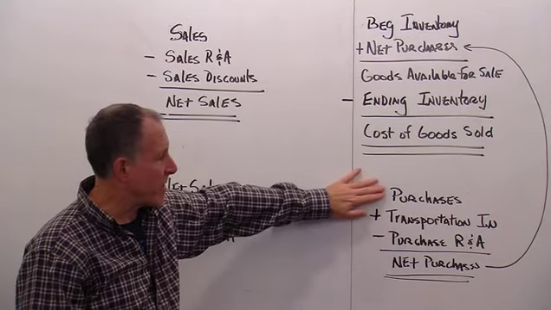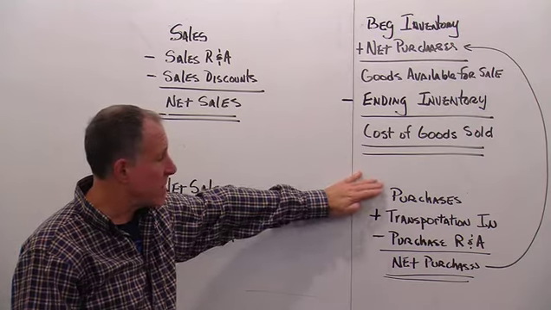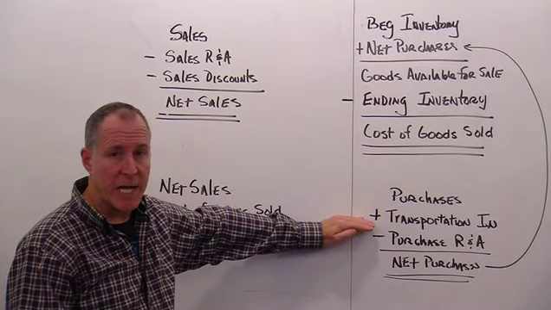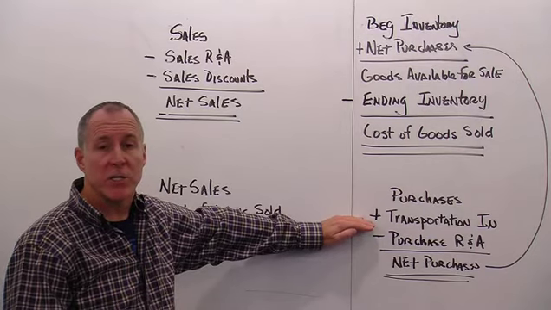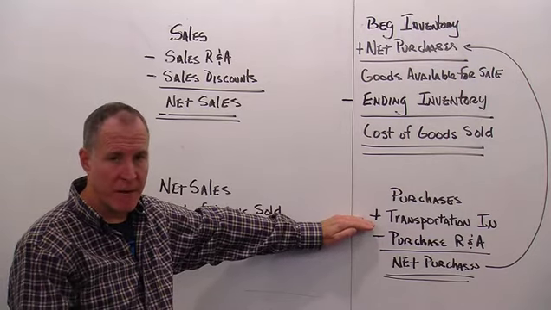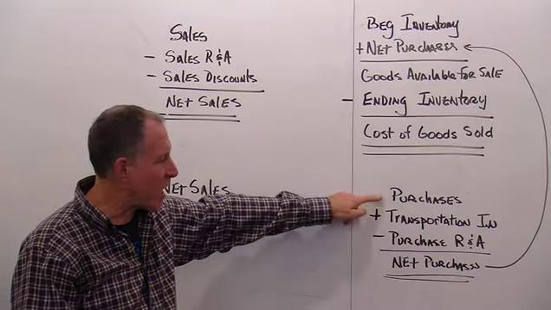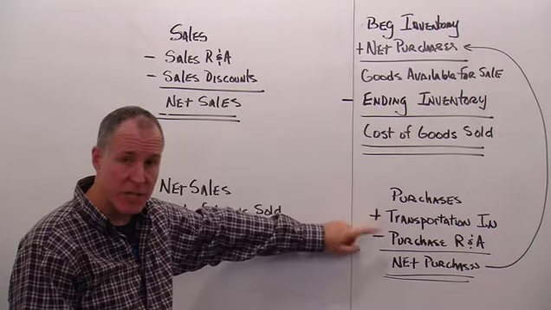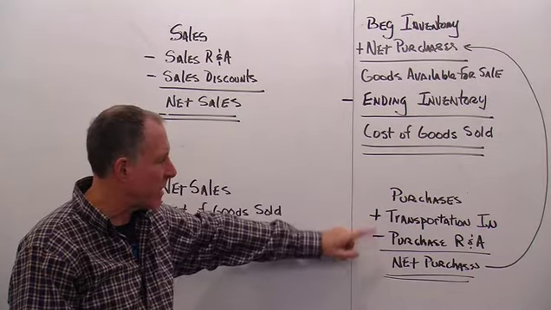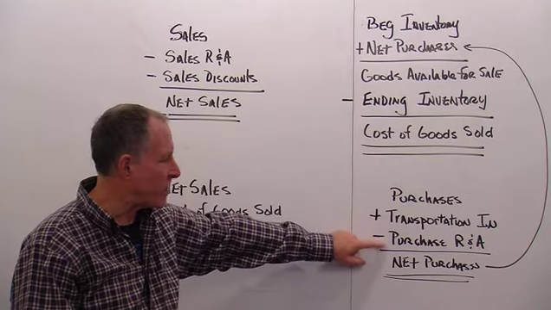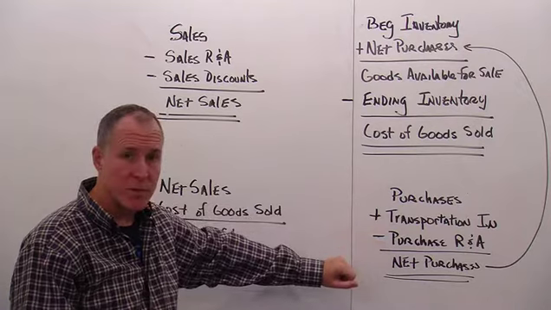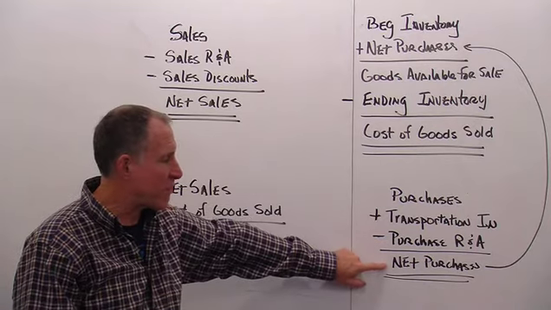Net purchases are the total purchases plus the transportation in. This is where we buy goods and it's FOB shipment point, and we, the buyer, must pay for the freight. That adds to the cost of those goods. So we add transportation in, or freight in sometimes called, less any purchase returns and allowances. If we've returned any goods, we deduct them off of the purchases.